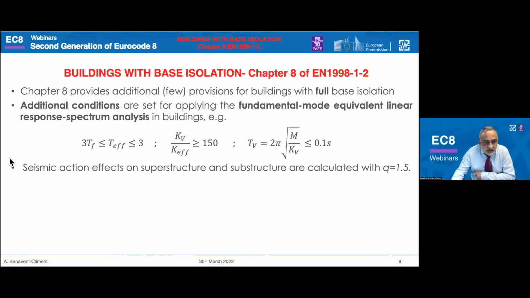And when calculating the seismic action effects on the superstructure and on the substructure, a Q factor of 1.5 can be used that accounts only for the overstrength. Of course, since we are dealing here with full base isolation, the plastic deformation capacity of the substructure and superstructure is not included.